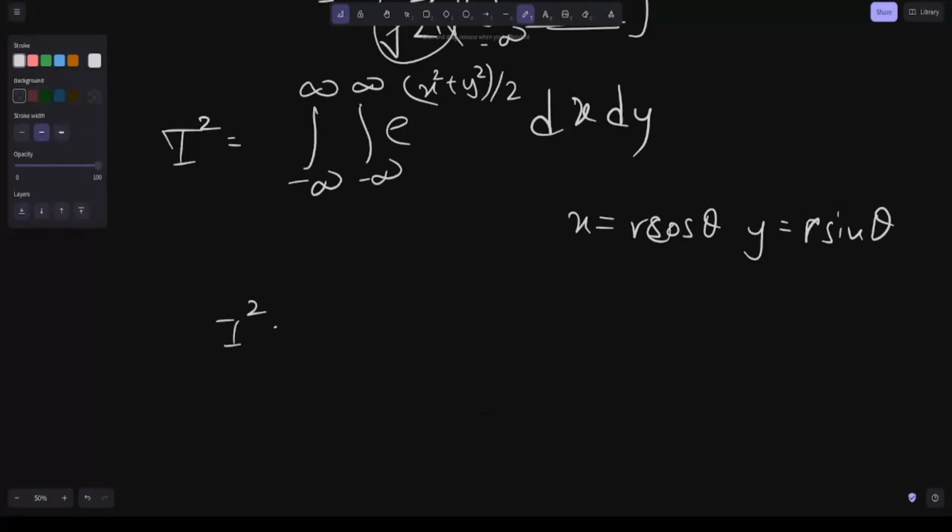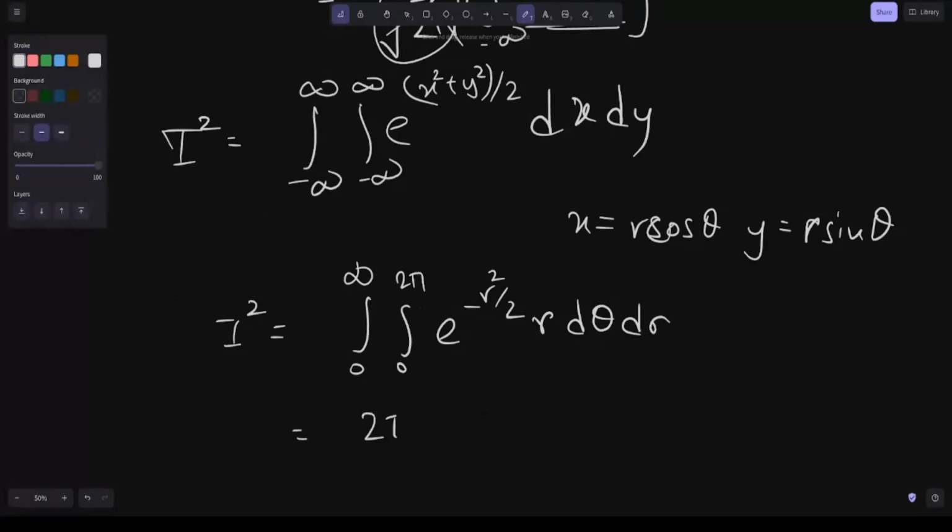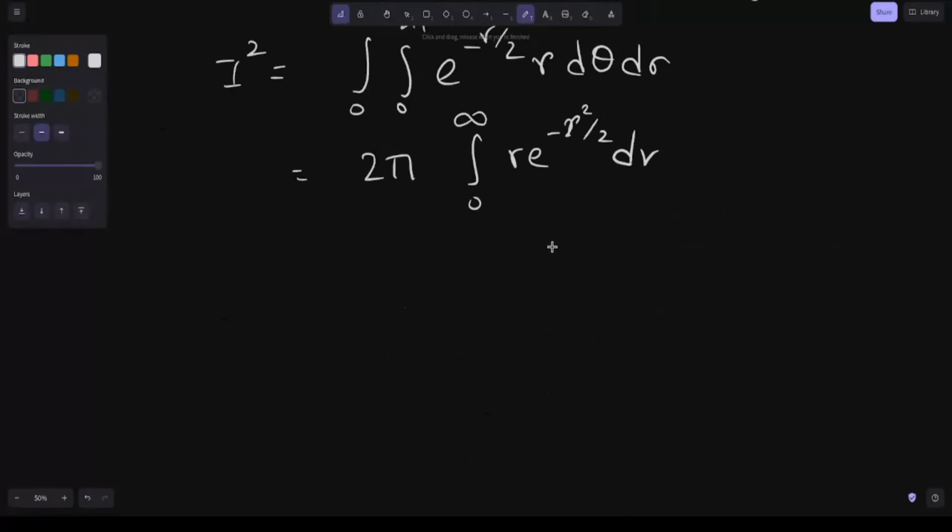You will see I square becomes integration from 0 to infinity and 0 to 2 pi of e to the power minus r square by 2 r d theta dr. Now we slowly break this down: 2 pi integration 0 to infinity r e to the power minus r square by 2 dr. Again simplifying, it will become 2 pi times e to the power minus r square by 2 from 0 to infinity.